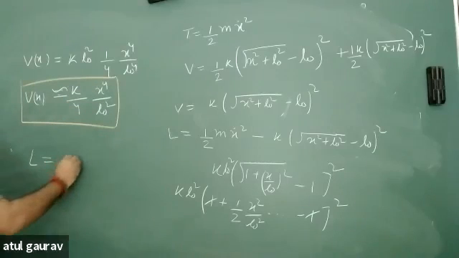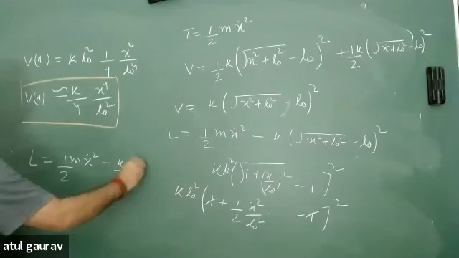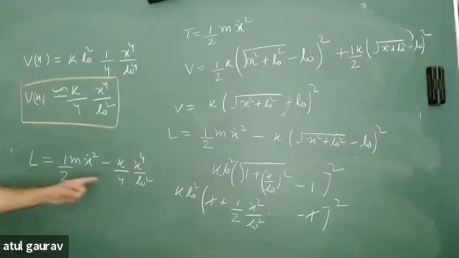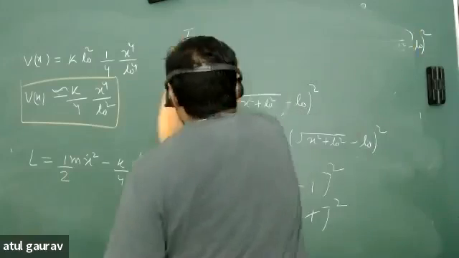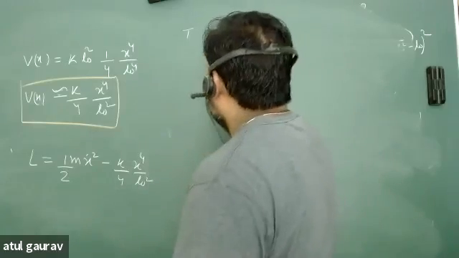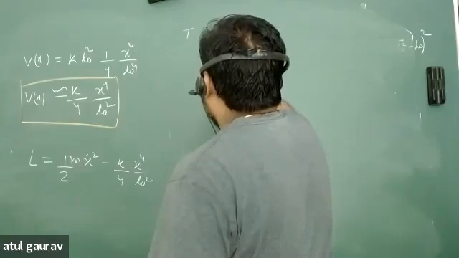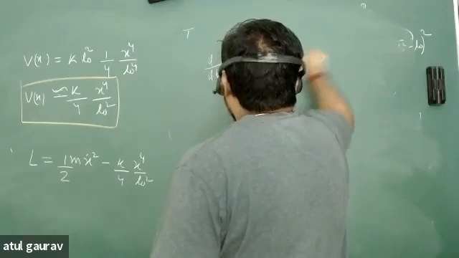So this will be half m x dot square minus k by 4 x^4 by L naught square. So this is the Lagrangian for the small oscillation, but it is a very dangerous Lagrangian. If you go for the equation of motion, then you have to solve it: d upon dt of del L upon del x dot minus del L upon del x must be equal to 0.